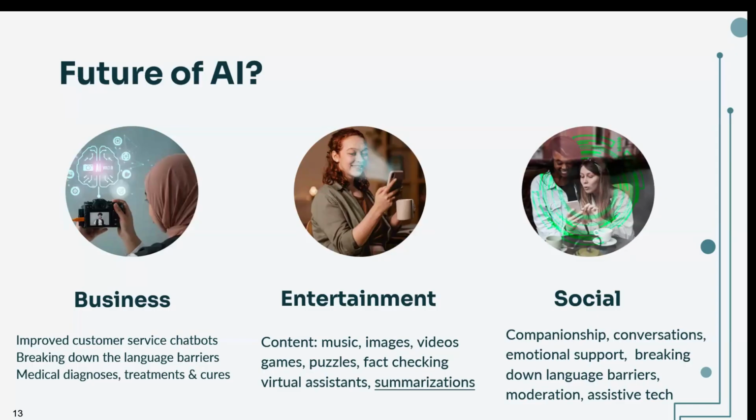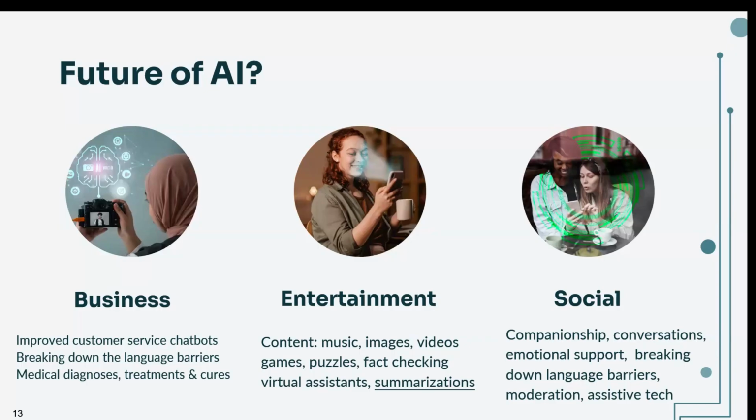This is also very exciting because of companionship, conversations and emotional support. Right now, a lot of people scoff: oh, why would I lean on a machine for emotional support? But there is a large number of folks in the world that are isolated, that don't have familial networks or large circles of friends, that need that companionship.